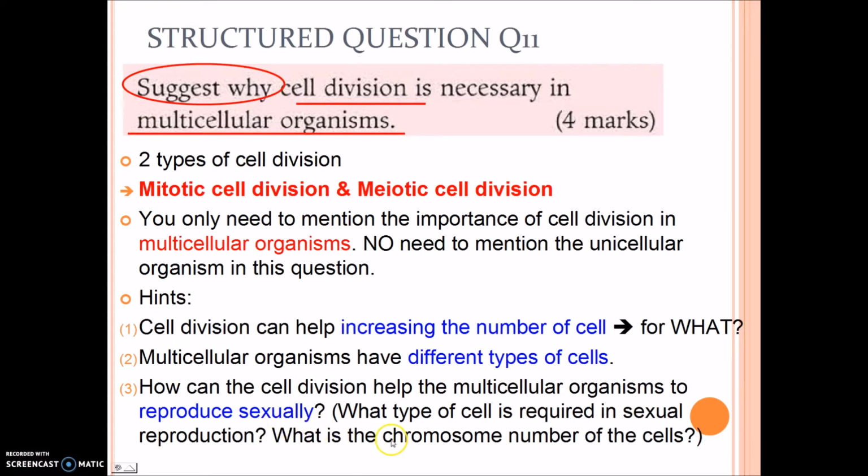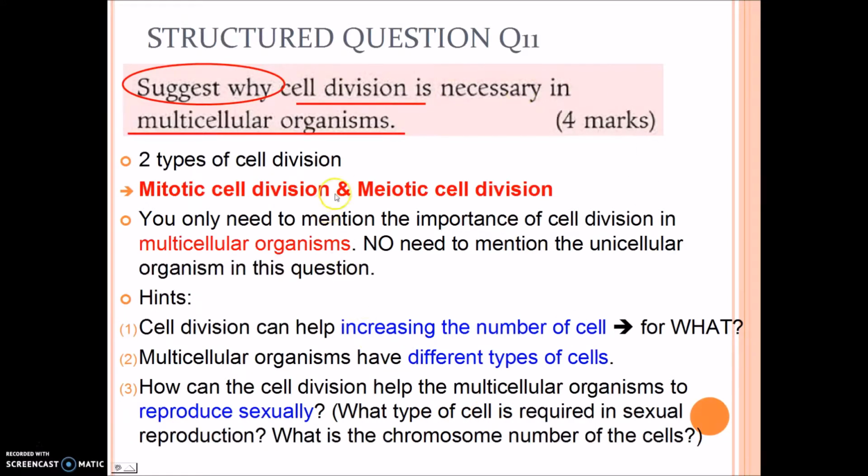And once you get that, this type of cell is required in sexual reproduction, so what is the chromosome number of these cells, this special cell for fertilization? Also you need to match whether mitotic or meiotic cell division is responsible to produce this type of cell.